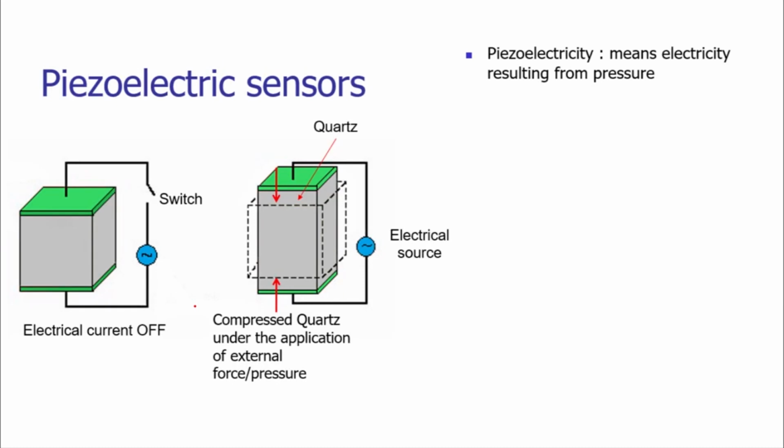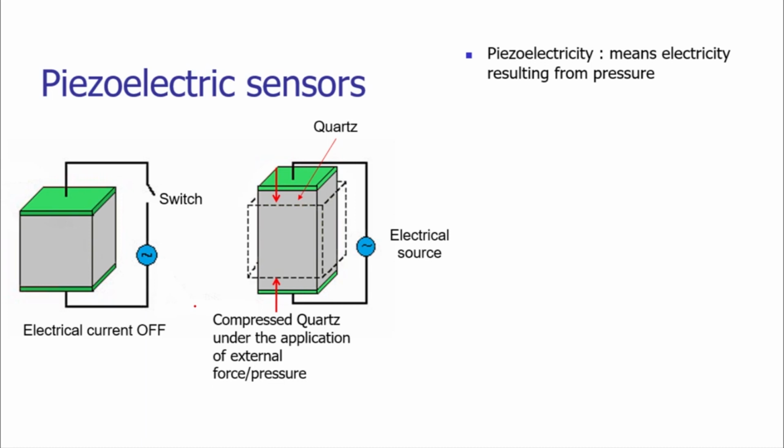The next type of sensor is the piezoelectric sensor. These are very useful and widely used in the industry. What is the meaning of piezoelectricity? Piezoelectricity means the electricity resulting from the pressure.